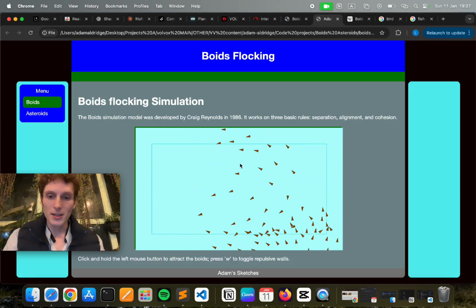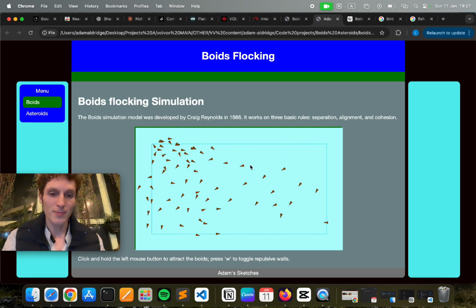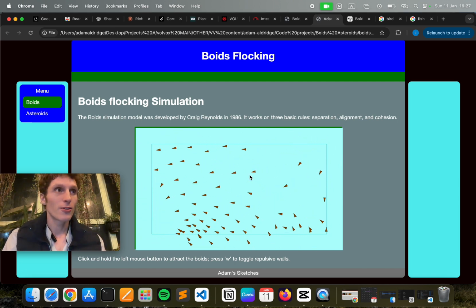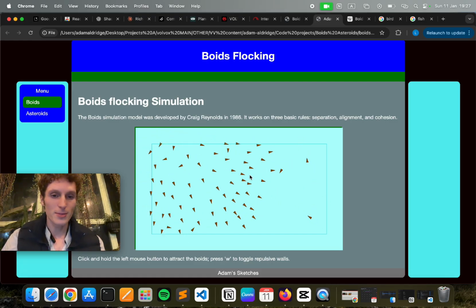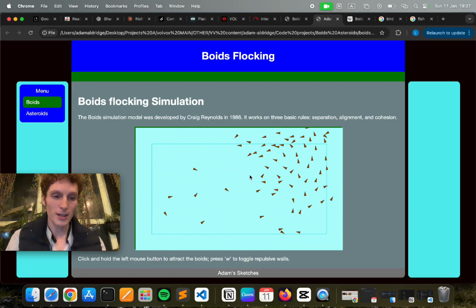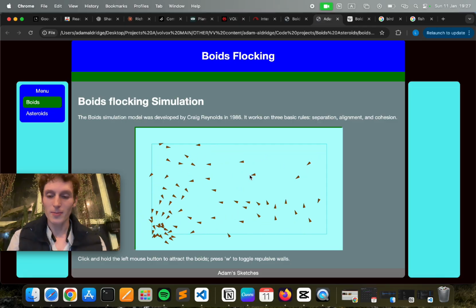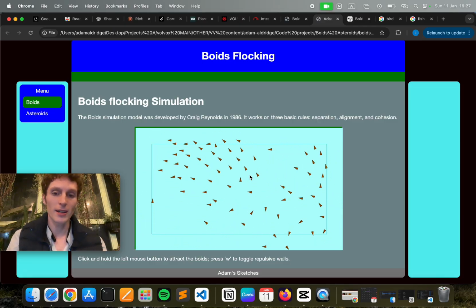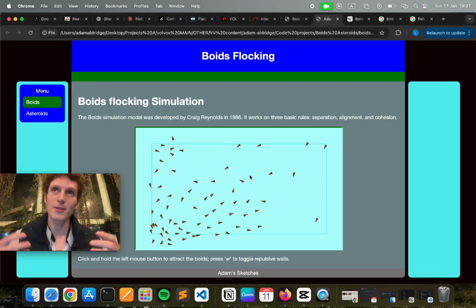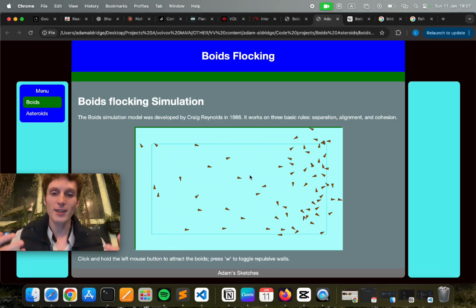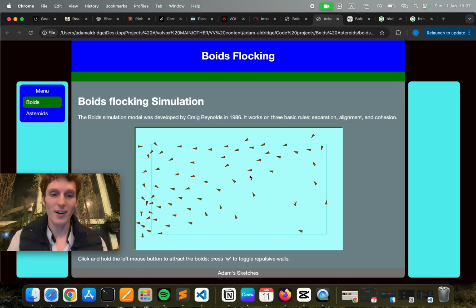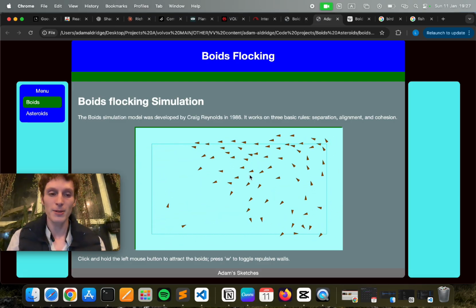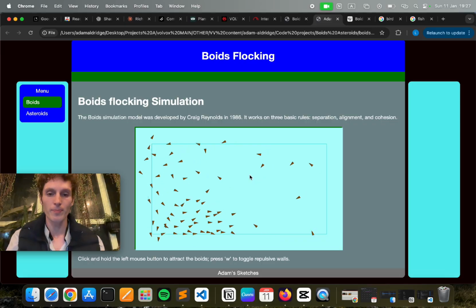But as you can see, there are only about 50 agents here. And something that I've been interested in recently is trying to figure out how to simulate more agents and make the simulation run faster. Because generally I'm very interested in graphical simulations, and I want to be able to make very high count graphical simulations where there's a lot of things happening and it still runs at a high frame rate.